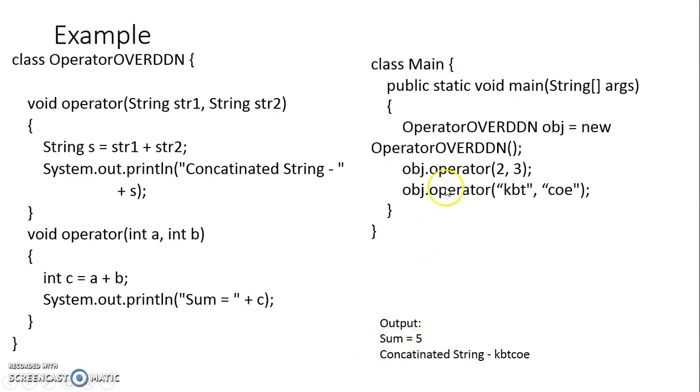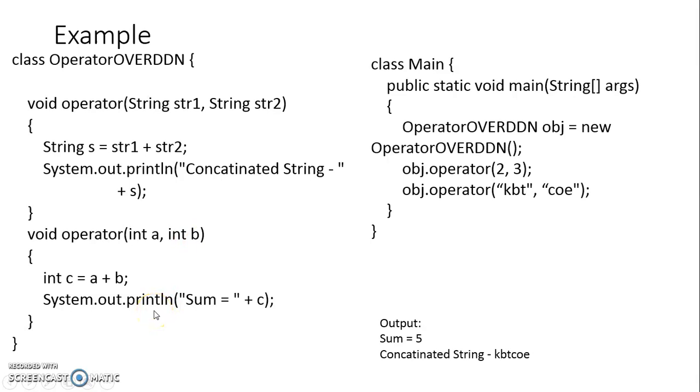In the second statement, I am calling two strings str1 KBT, str2 COE. So using this, we can perform concatenation of two strings, which will be the result concatenated string S, that is KBTCOE. So here my operator is overloaded 2 times.